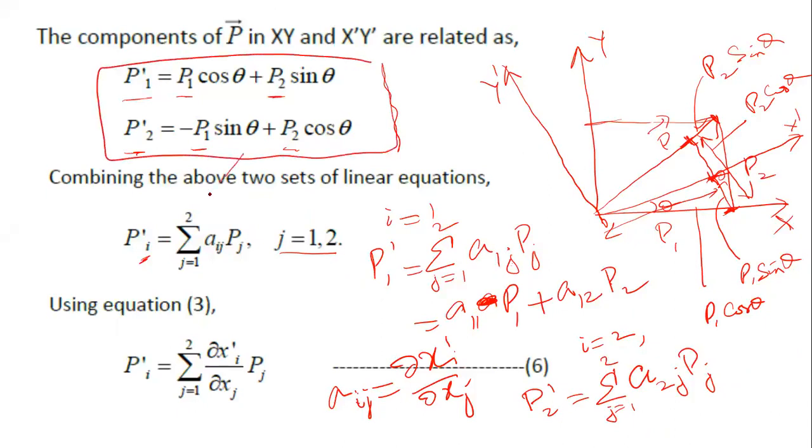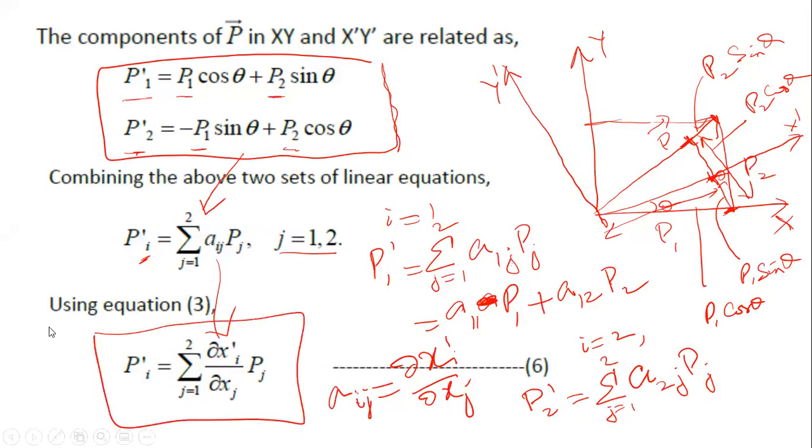So this set of relations, like in the previous calculation, we can represent it like this, and like in the previous calculation just a few minutes ago, you can write aij as del xi prime upon del xj. So the components of velocity, a vector quantity, now follow this transformation relation.